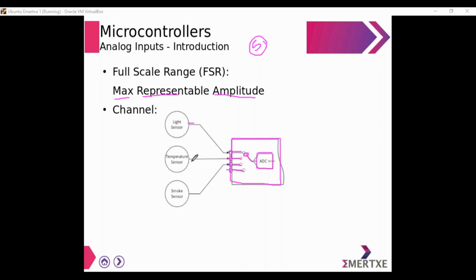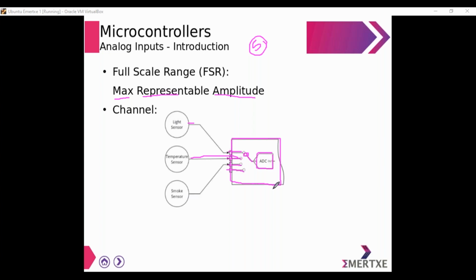Then it takes the analog input from another channel, converts it to a digital value, and stores it into the same register. Because there is only one register, there can be only one channel active at a time. Is it clear with respect to the channel?